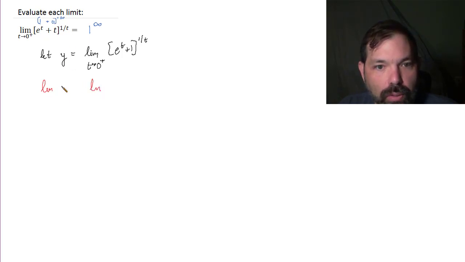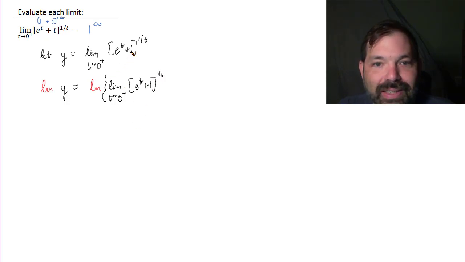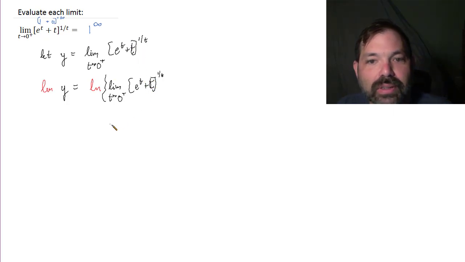So the natural log of y is equal to the natural log of the limit as t approaches 0 from the right of (e^t + t)^(1/t). e^t plus t, not e^t plus 1.